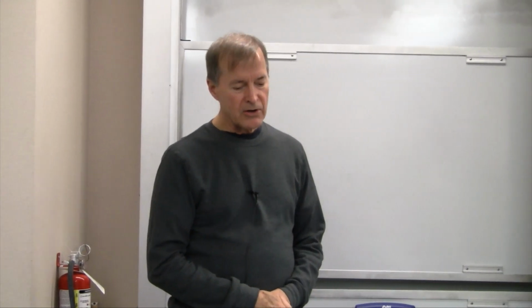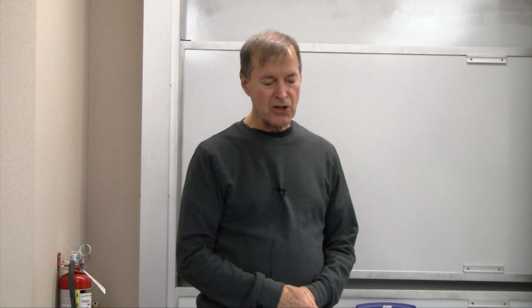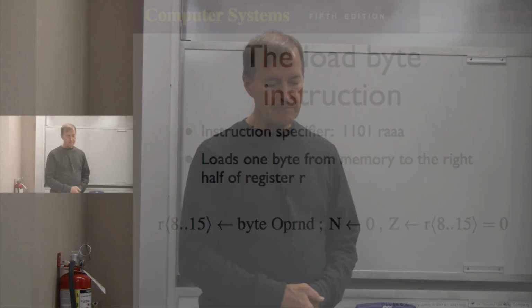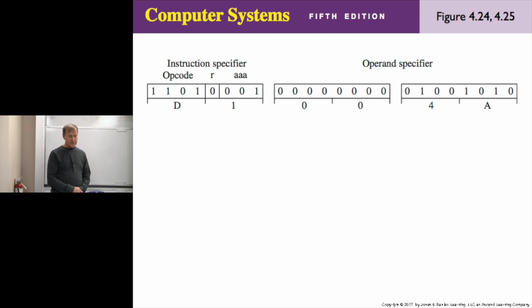Now, here's our first machine language program, and it is going to use these instructions. The load byte instruction. The example that we gave in figure 4.24 and 4.25 is D1004A. If you look up the D, the opcode is 1101, and that is the load byte instruction.